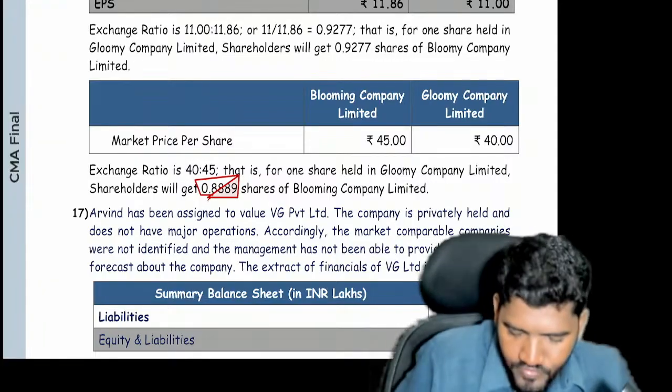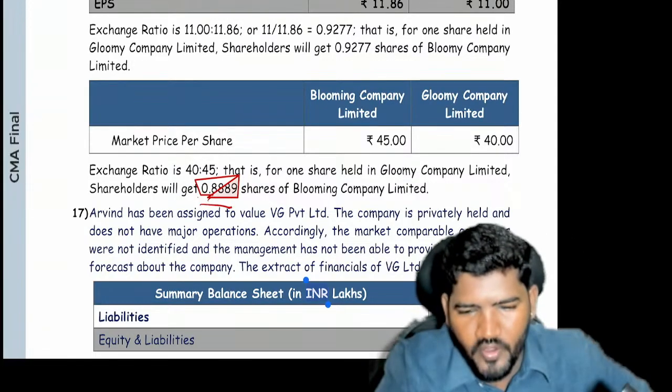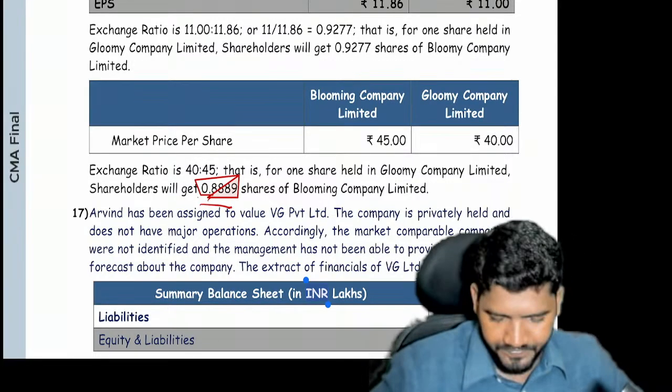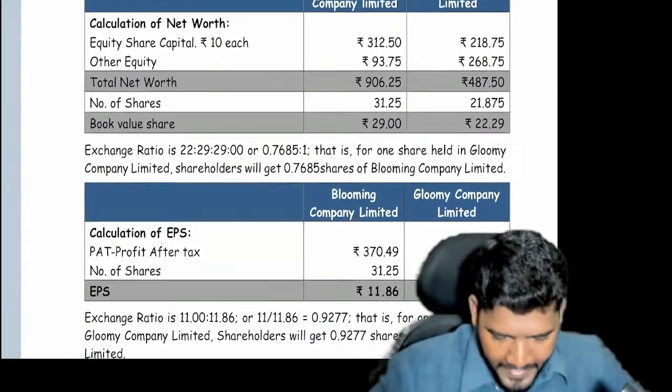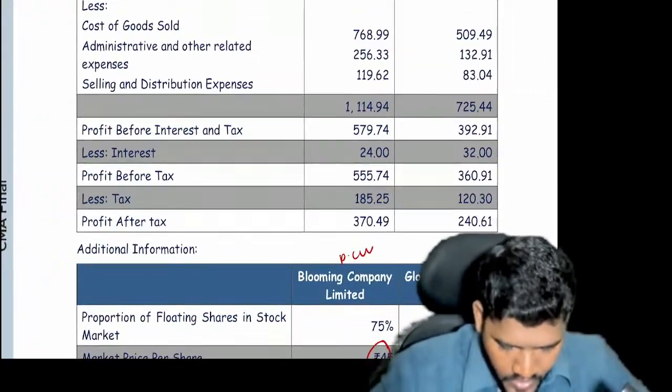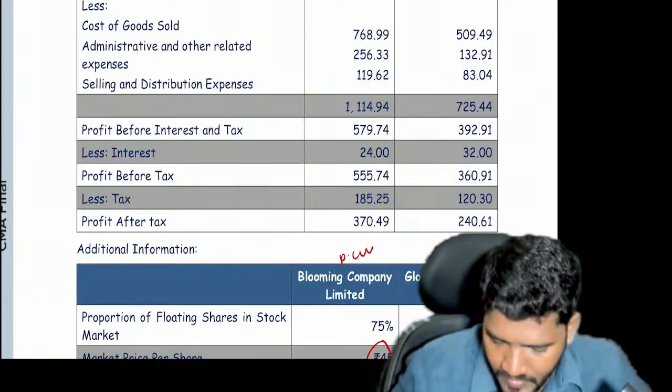That is the meaning of 0.88. Next, EPS point of view. So PAT is given, guys.